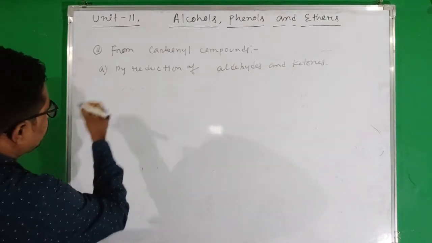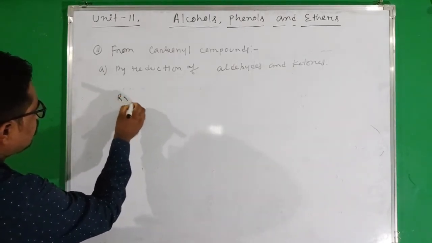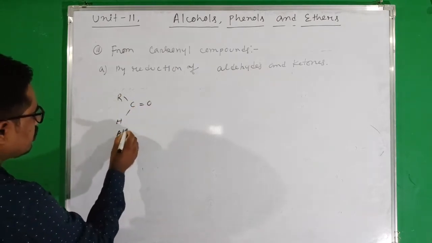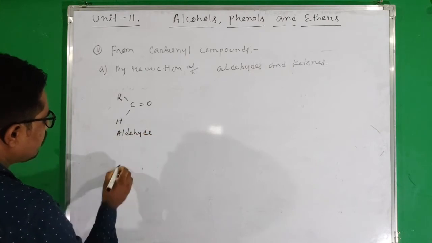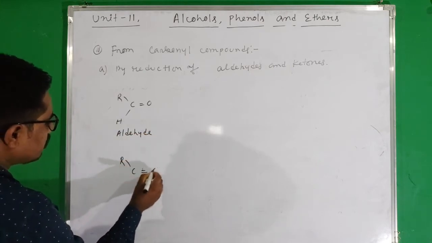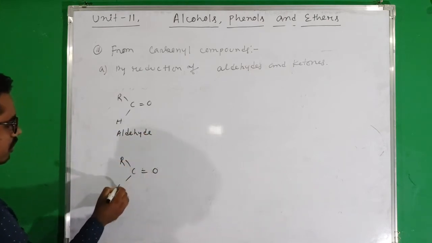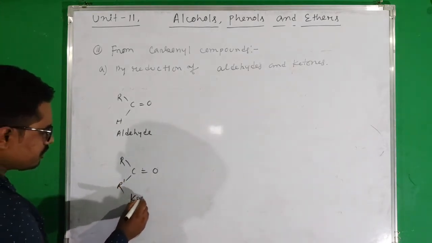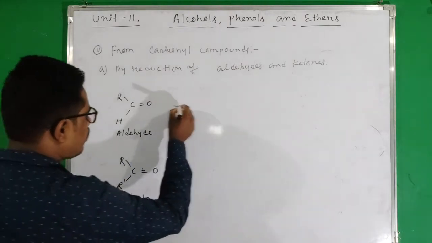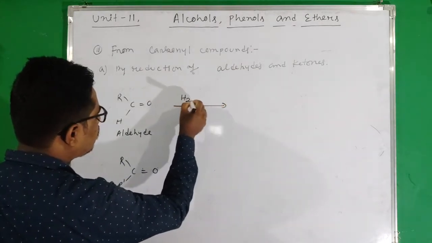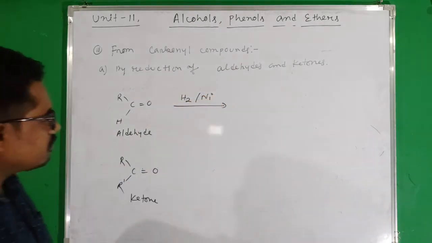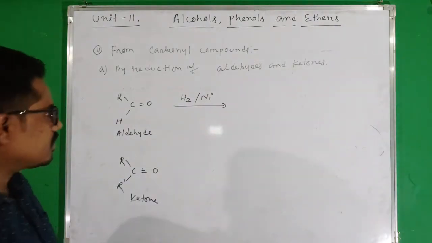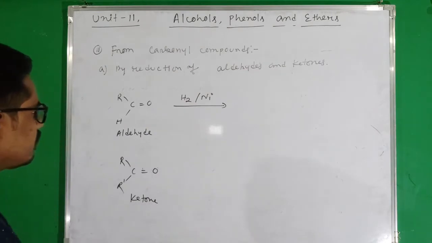In case of aldehydes, RC double bond OH, this one is aldehyde, and the formula of ketone is RC double bond O R dash, this one is ketone. Now we will use hydrogen in presence of nickel, and we know that hydrogen in presence of nickel is a reducing agent, and reduction means addition of hydrogen.